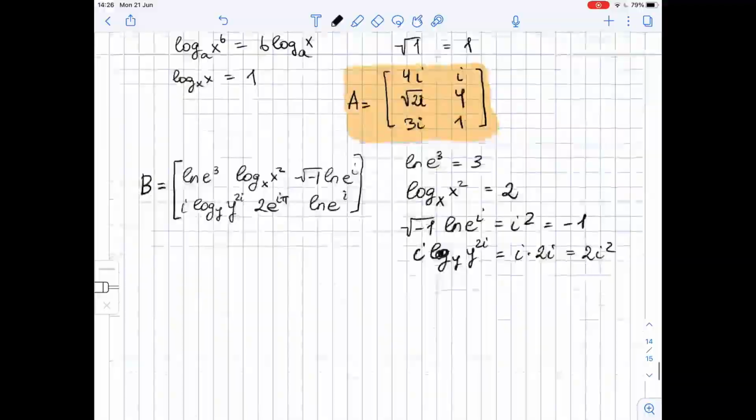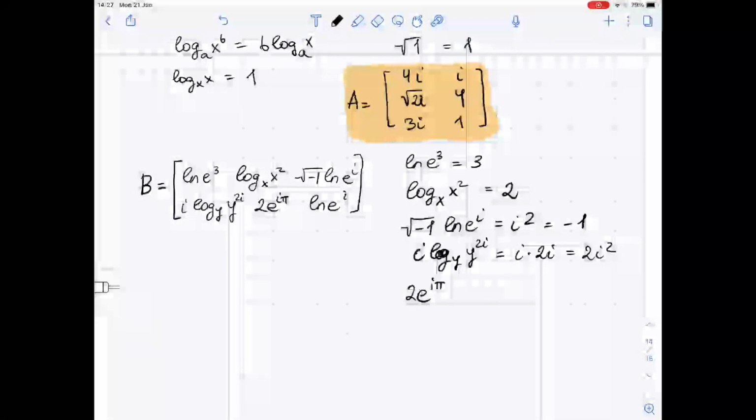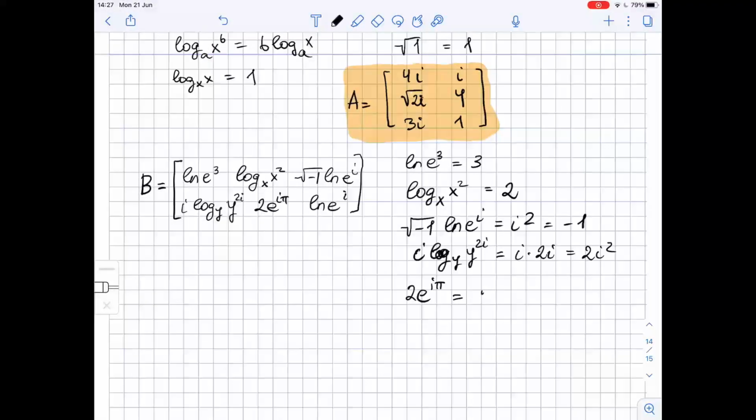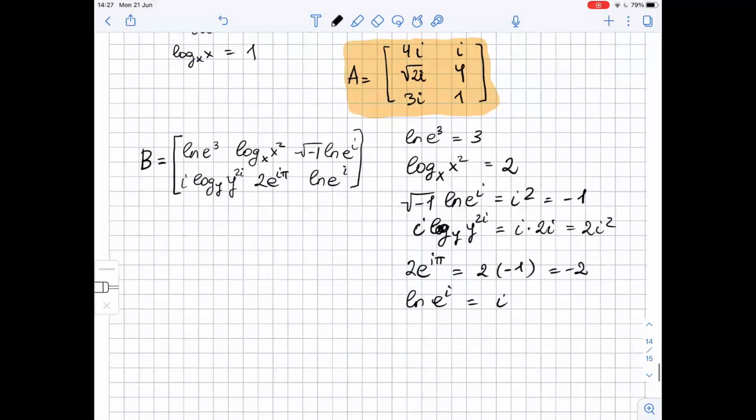So 2 times e to the power of iπ equals 2 times -1, so just equals -2, and logarithm of e to the power of i equals i. So with all that, matrix B equals 3, 2, -1, -2, -2, i.